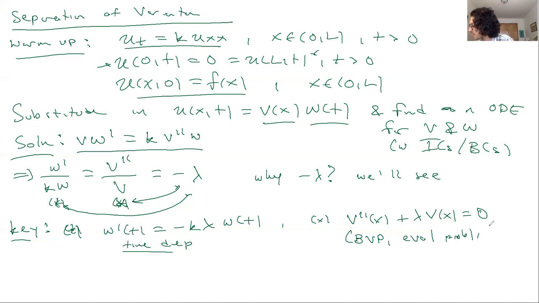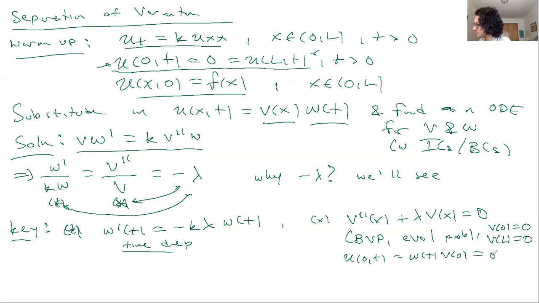So what are my boundary conditions? Well, I get V of 0 equals 0 and V of L equals 0, because I have that u of 0, t equals 0 and u of L, t equals 0. So u of 0, t is equal to W of t times V of 0 is equal to 0. So either W of t is 0, in which case I get a trivial zero solution, or V of 0 equals 0.